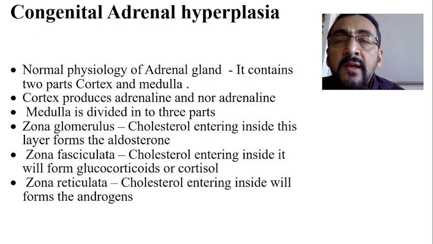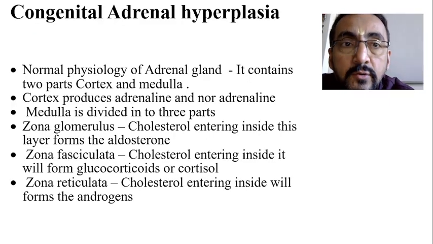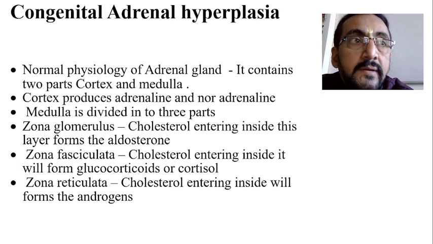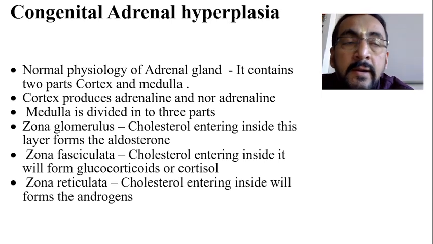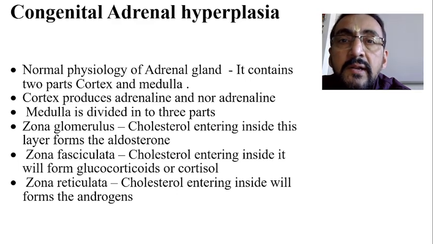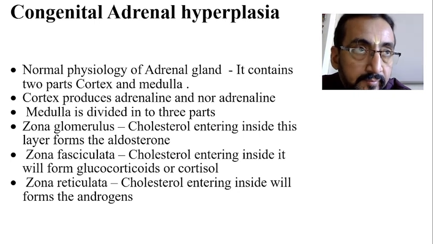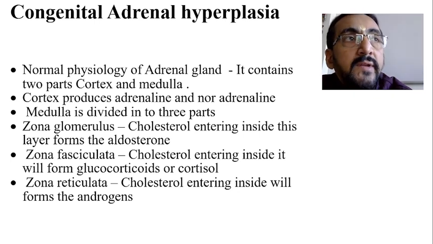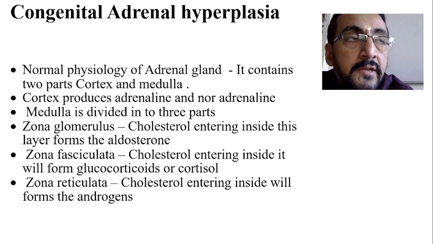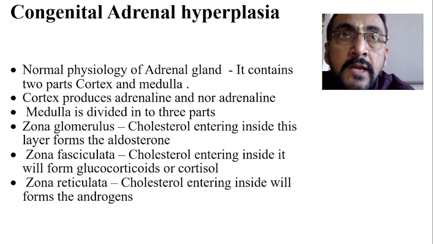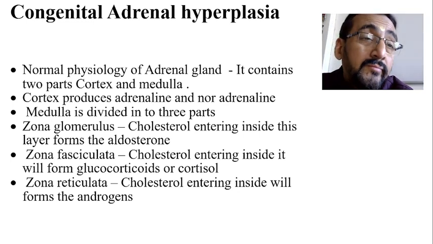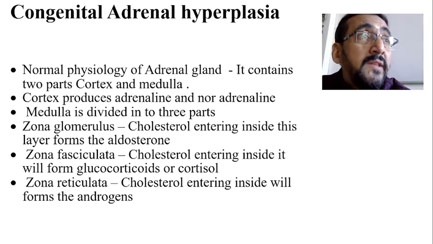So, my dear friends, as we know, we are discussing differential sexual development, DSD. In that part, the basics we have already covered, and today we are going to cover one of the very important parts, that is congenital adrenal hyperplasia. So far we have seen external genital organ problems, internal genital organ problems, anti-Mullerian hormone, Mullerian duct formation, and ambiguous genitalia.